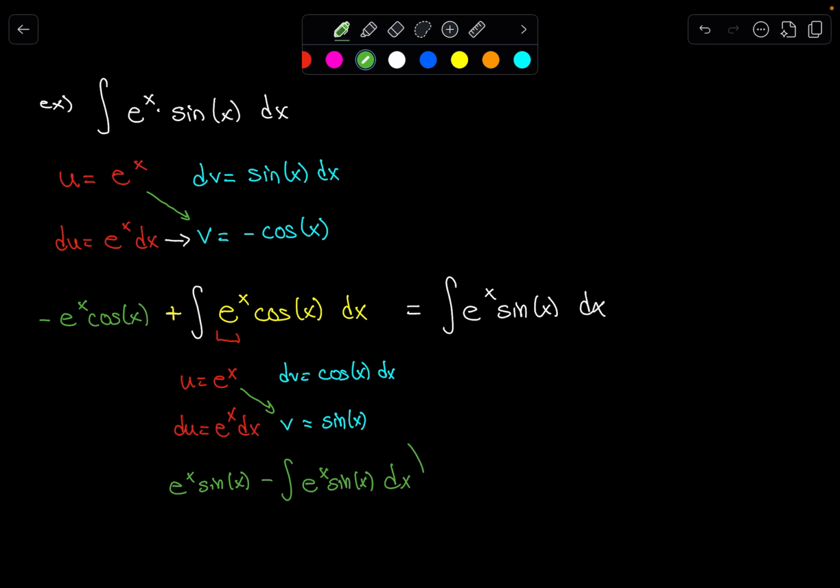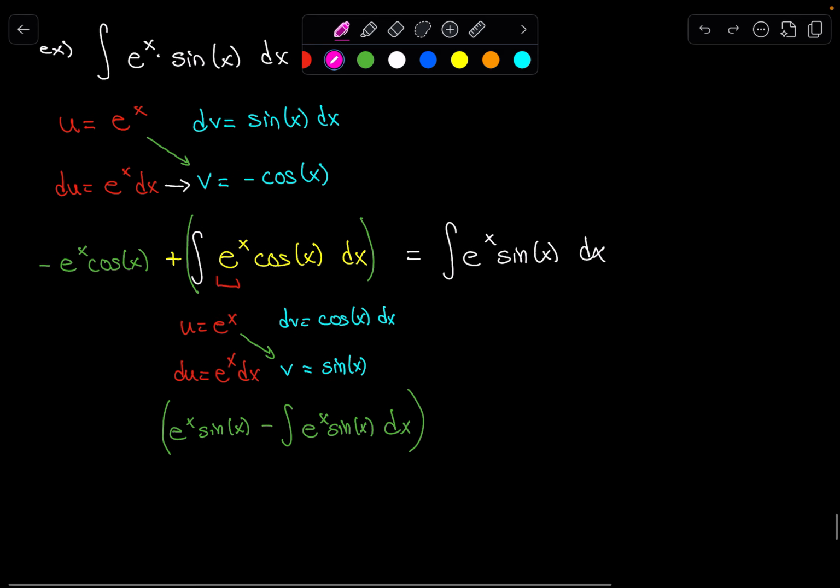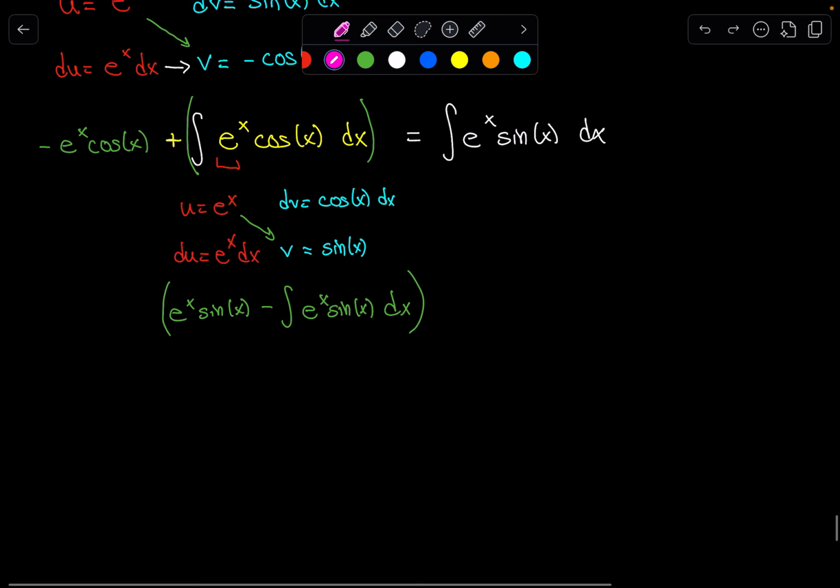Now, I'm going to put this all in parentheses because I would like to remind you that this is what this integral is supposed to equal. So when you're doing your homework, don't forget to use parentheses, because otherwise what's going to happen is you're going to have a minus sign here and you're going to wrongly distribute things in. This happens all the time, so just don't make that mistake if you can help it. And so on the left-hand side, I'm just going to write everything out. So on the left-hand side, I have this negative e to the x cosine of x.